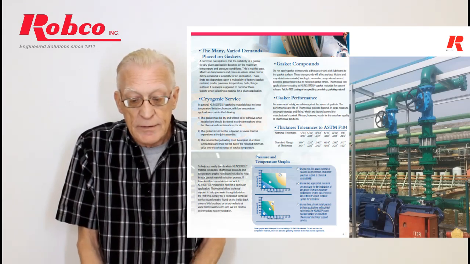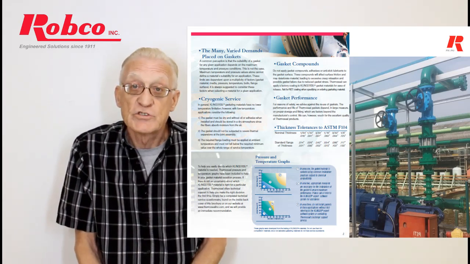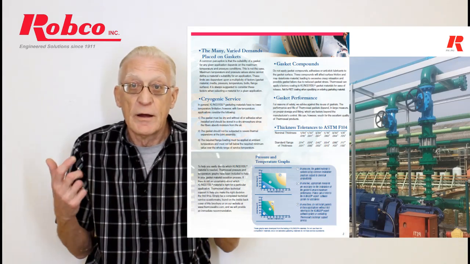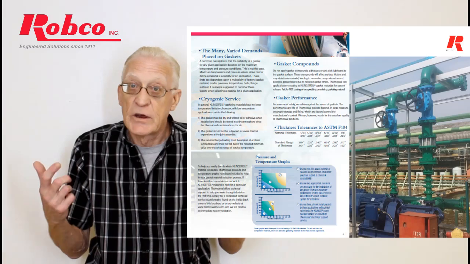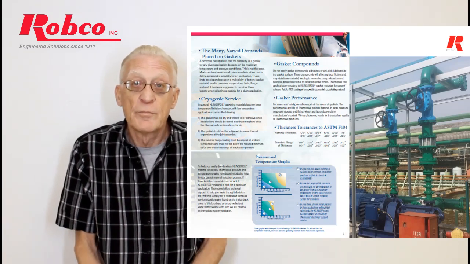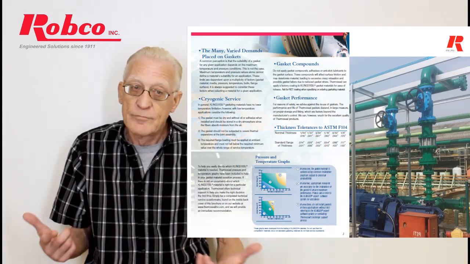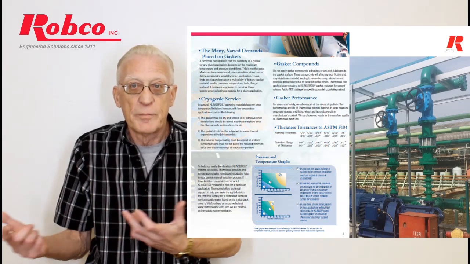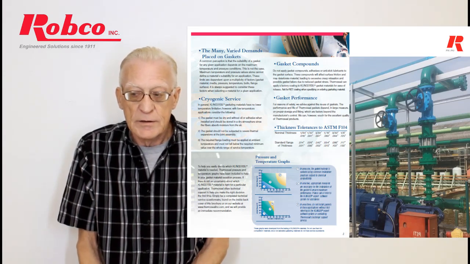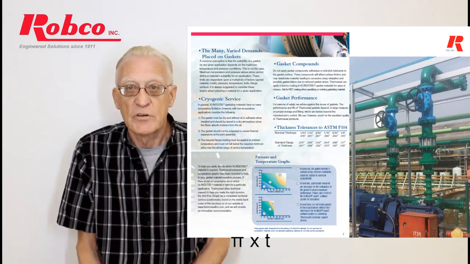One of the things that we always have to deal with is pressure and temperature. Pressure and temperature, the law of physics says if pressure goes up, temperature must go down. Simple as that. Again, I'm comparing two different approaches, European and American. The Americans like to use a P times T factor.